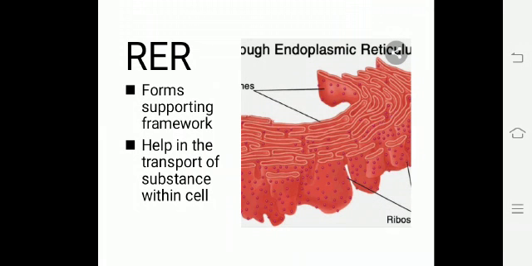There are two types: smooth endoplasmic reticulum and rough endoplasmic reticulum. I have written here RER, rough endoplasmic reticulum, which is the endoplasmic reticulum containing ribosomes. This rough endoplasmic reticulum helps in the synthesis of proteins. The endoplasmic reticulum which does not have ribosomes is called the smooth endoplasmic reticulum. This smooth endoplasmic reticulum helps in the synthesis of lipids or fats. Okay, this is about the endoplasmic reticulum.